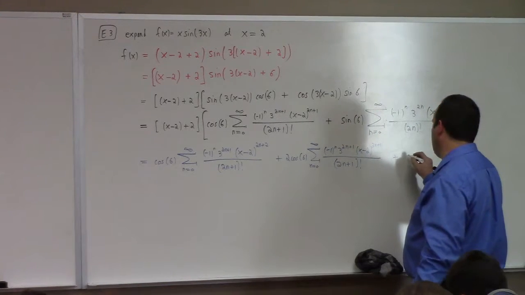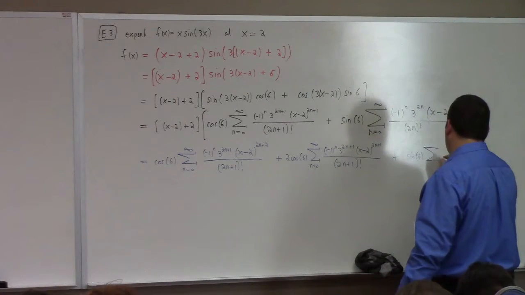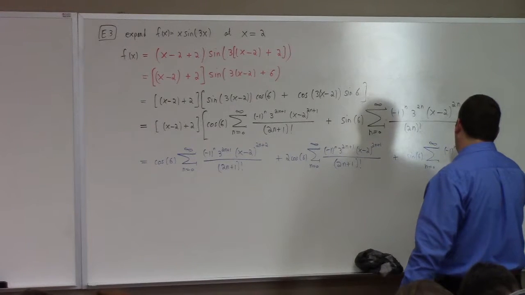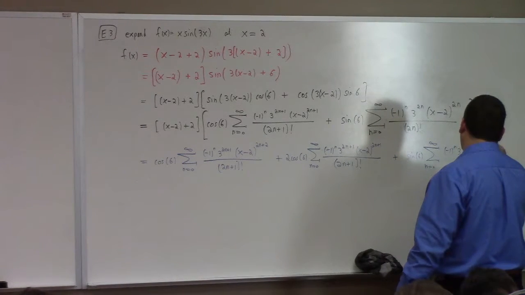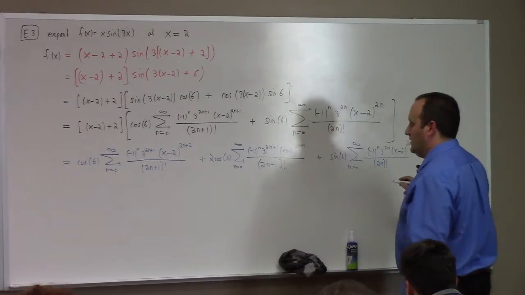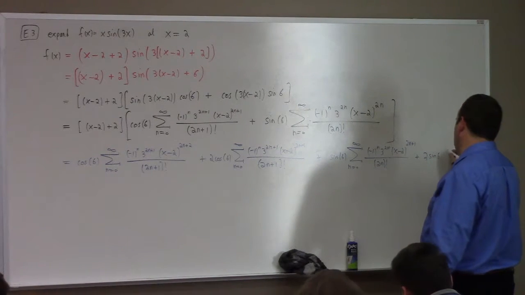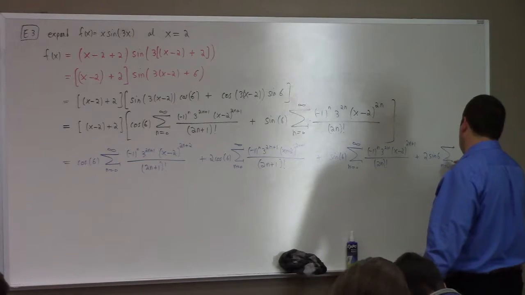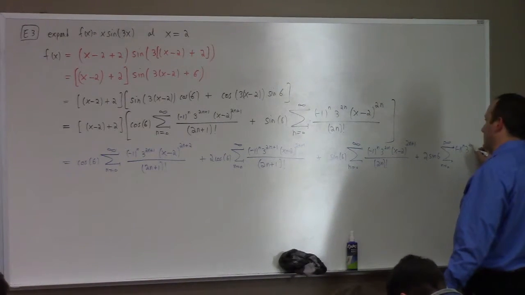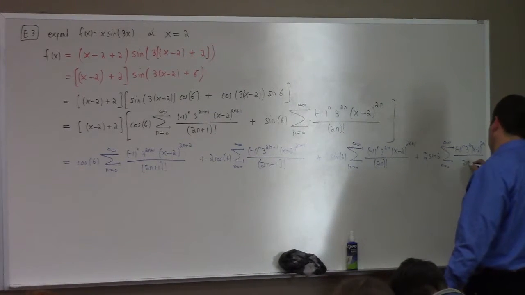Then my sine terms, so I've got sine of 6 times the sum, n equals 0 to infinity, minus 1 to the n, 3 to the 2n, x minus 2 to the 2n plus 1, divided by 2n factorial. And then finally plus 2 times the sine of 6 times the sum, n equals 0 to infinity, minus 1 to the n, 3 to the 2n, x minus 2, I'm out of board, to the 2n divided by 2n factorial.